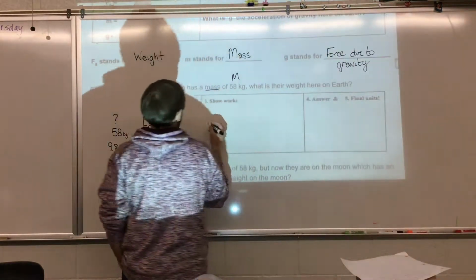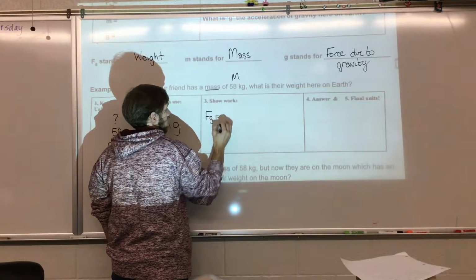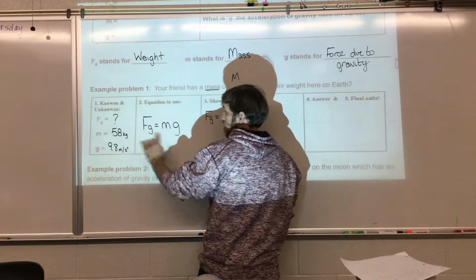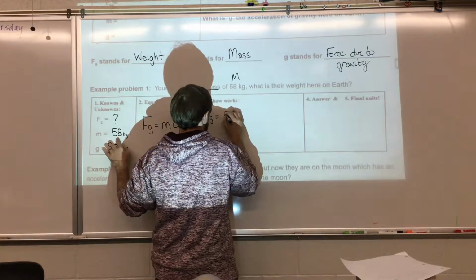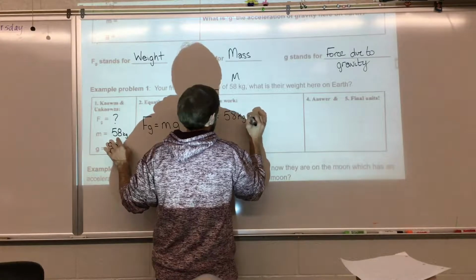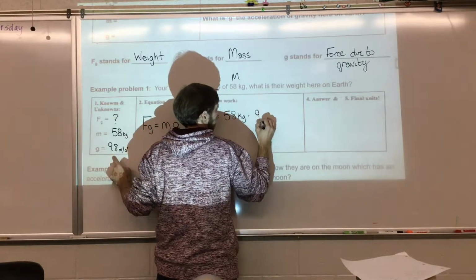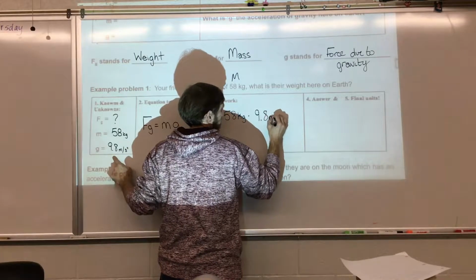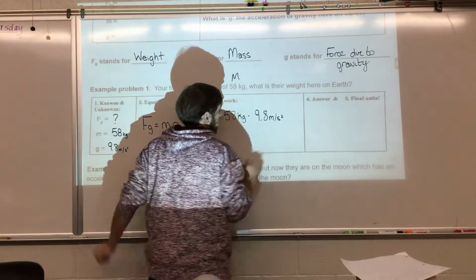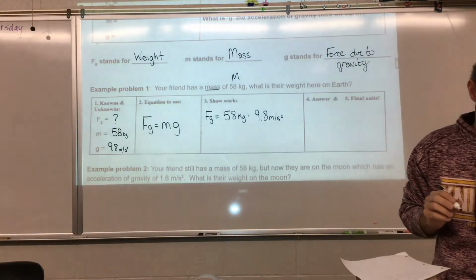So now we can show our work. There, our F of G equals M, so 58 kg times G, which is 9.8 meters per second squared. And then thankfully we don't have to do that on our own.